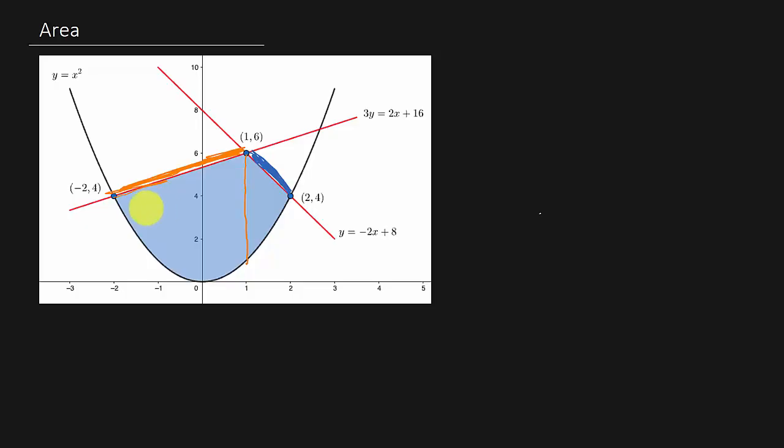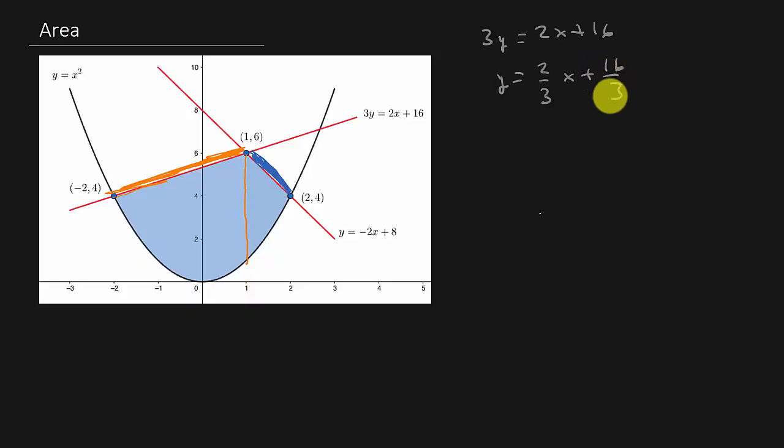So our first integral is going to be this curve here on top, which is 3y equals 2x plus 16. So if we divide everything by 3, we get y equals 2/3 x plus 16 over 3.